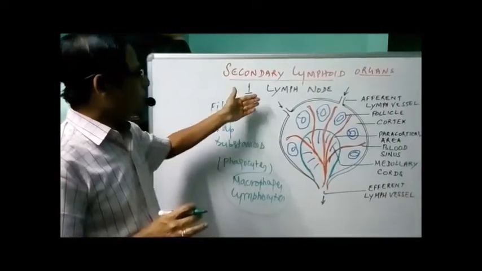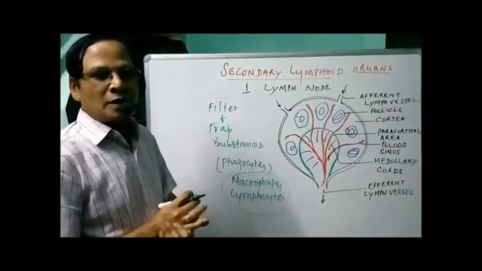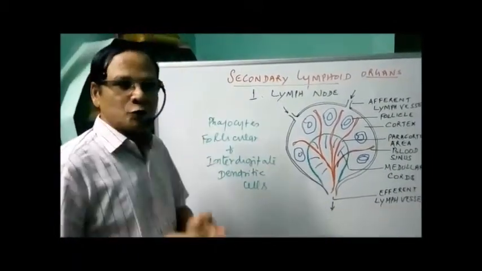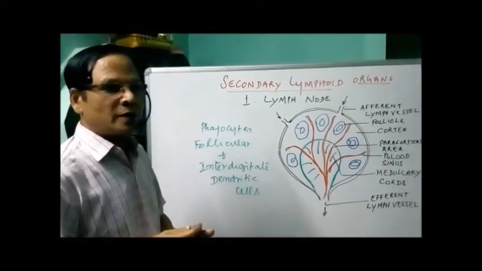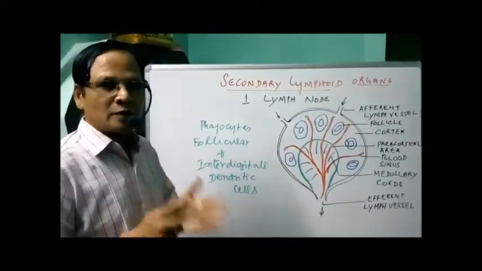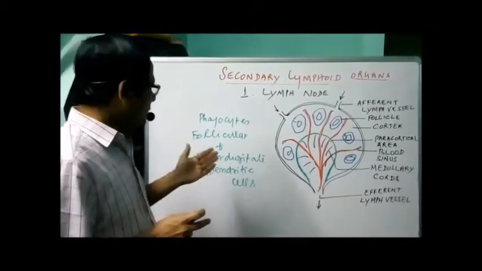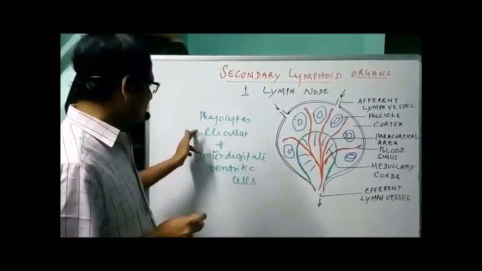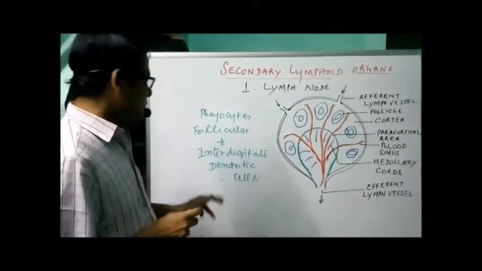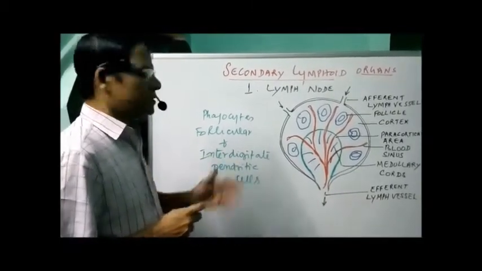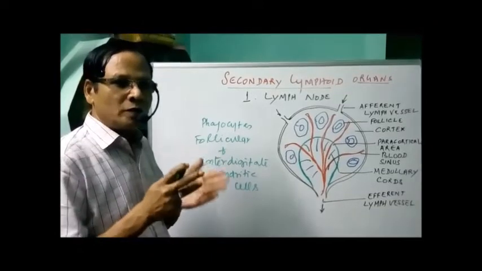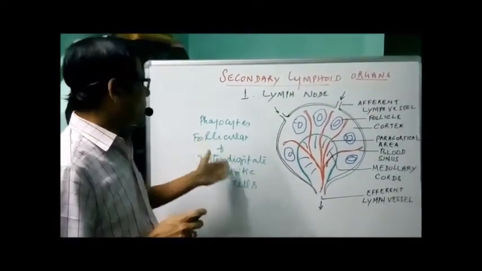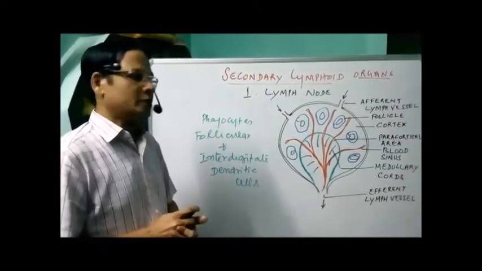As the lymph enters and percolates through the lymph node, the antigens brought with the lymph will be easily exposed to the phagocytes, the follicular dendritic cells, and also interdigitating dendritic cells. All these cells are responsible for phagocytosis of the foreign antigens.